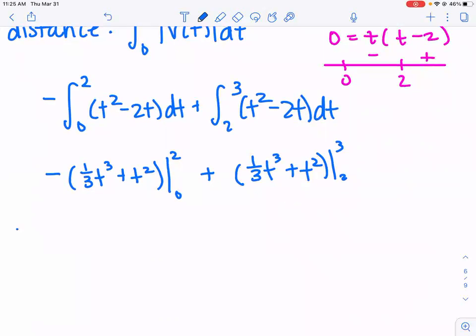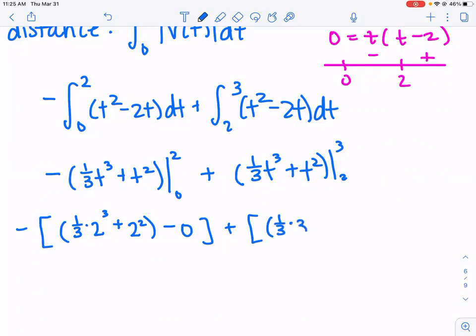You can do this by hand. All right, what is 1/3 times 2 cubed?